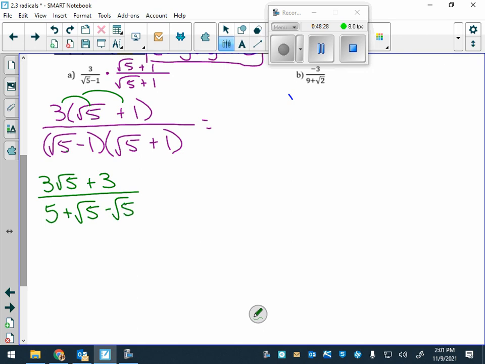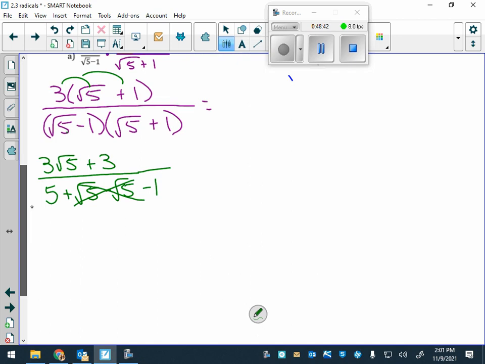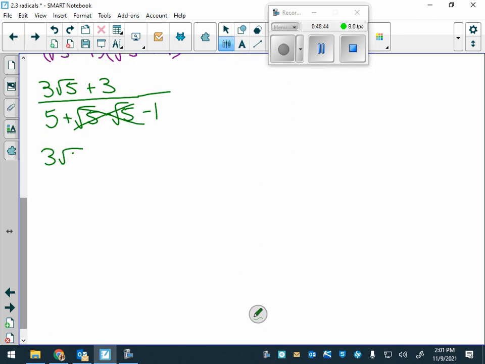Negative root 5. What's negative 1 times 1? Negative 1. What do you guys notice? Esteban. The square roots on the bottom cancel out. So you're left with 3 root 5 plus 3, and then 5 minus 1, which we could simplify to what? Good.